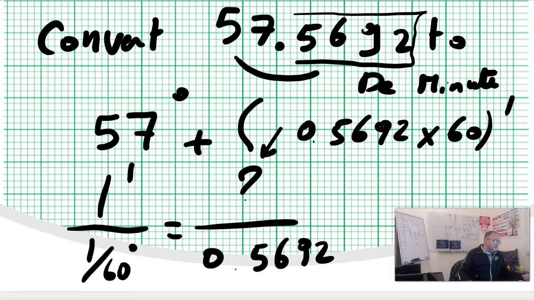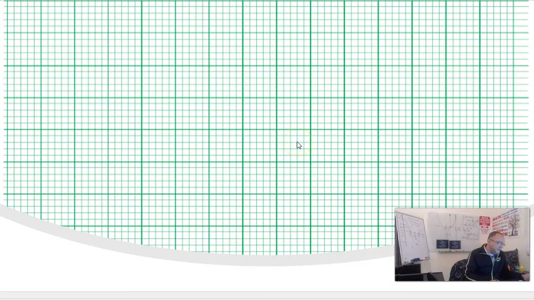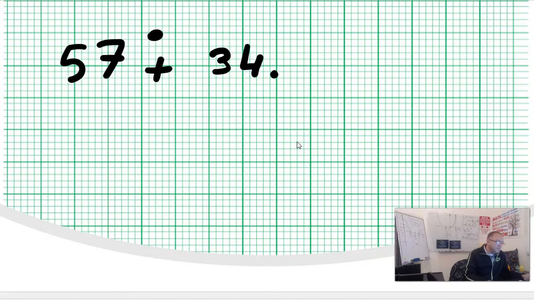And I believe I did this one here for you. We get it like this. So this is the first step. In the first step, we get 57 degrees plus 34.152. It's still in the minute form, but with some decimal in it.